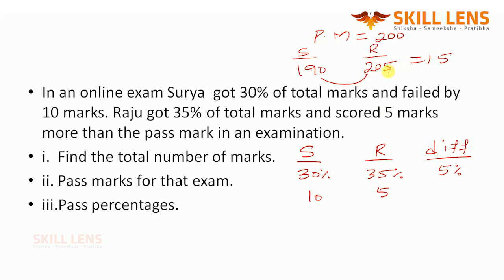So always remember, if somebody failed by X marks and somebody got Y marks extra, then the difference is X plus Y. So here Surya got 10 marks less and Raju got 5 marks extra, so the difference is 15 marks. Percentage difference is 5, marks difference is 15. Guys, all this you have to do in your mind.